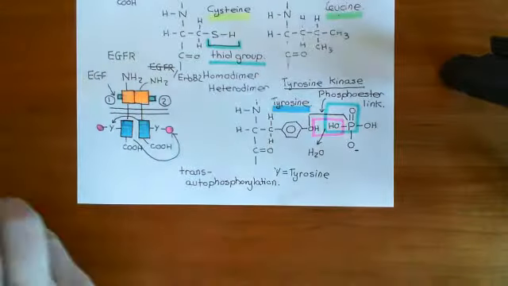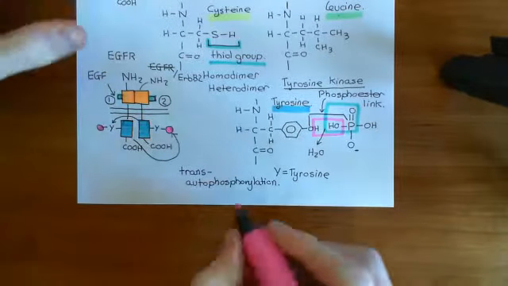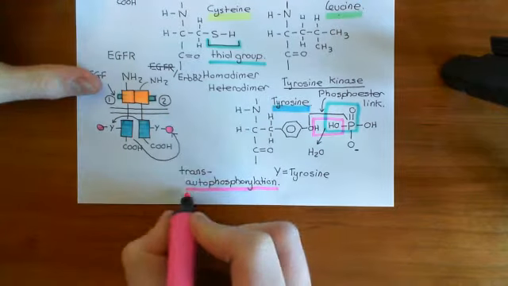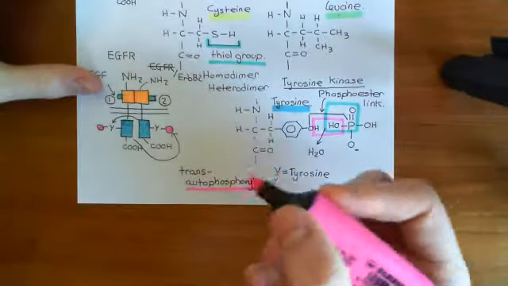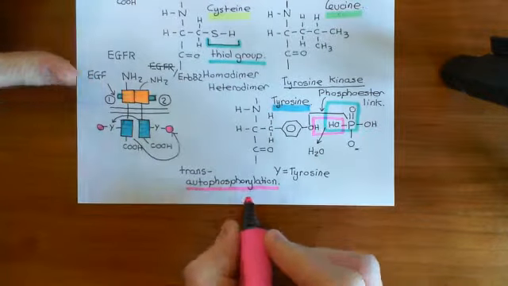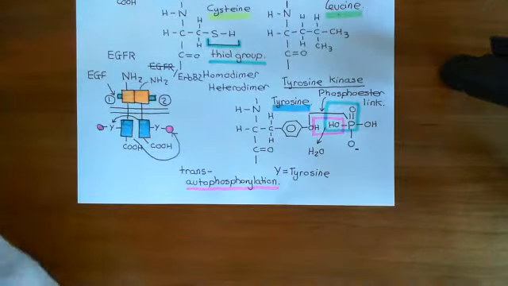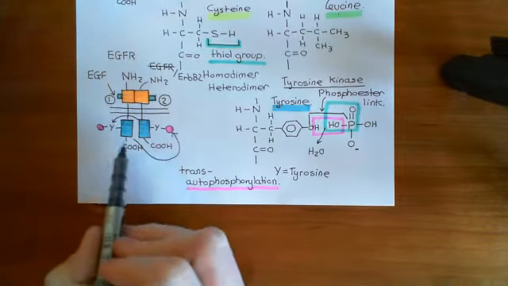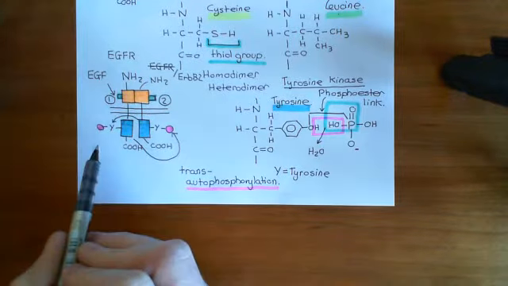So what does this mean? Well, we'll start with what autophosphorylation means. Auto means self. Autonomy means self-governing, so autophosphorylation means self-phosphorylation. So why is it called that? Well, basically you view this dimer of receptor tyrosine kinases as being one structure now.